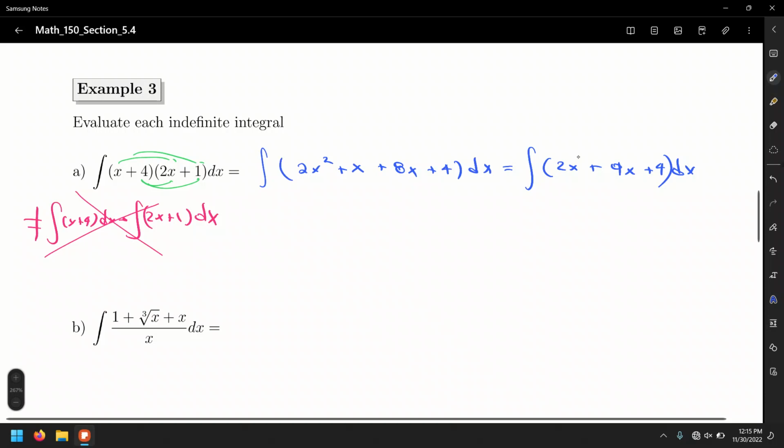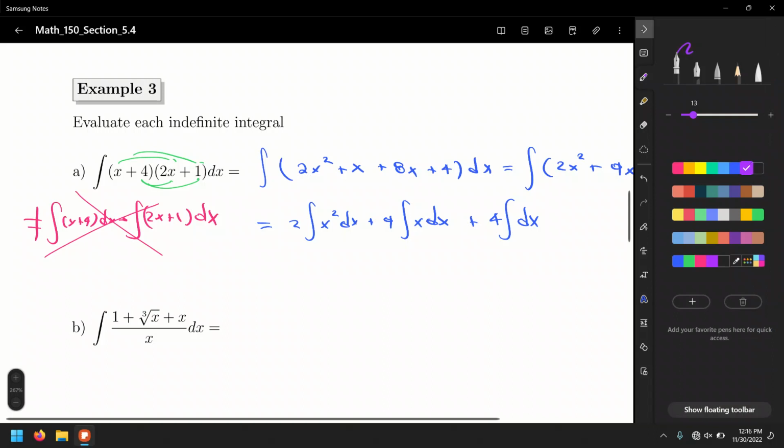But in the meantime, personal advice is to write this as two integrals. 2 times the integral of x squared dx plus 9 times the integral of x dx plus 4 times the integral of dx. And over here we are going to use the general power rule, because in this case we're integrating x's. How about we write down that formula again?